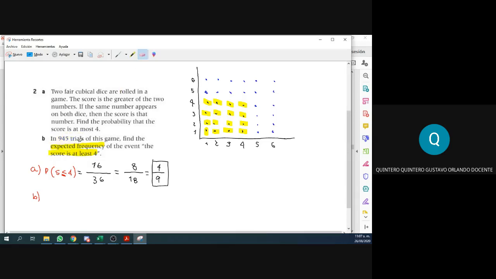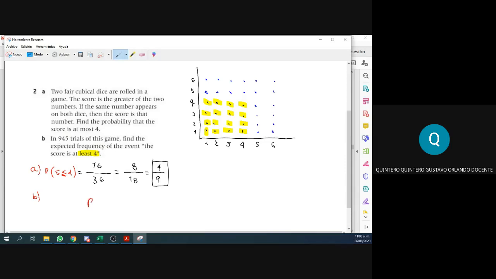Look, let's begin. Let's break this little by little. So at least means that now we have to take into account 4, 5, and 6. That is the idea behind at least. The minimum value has to be 4. So we're looking for this probability, right?